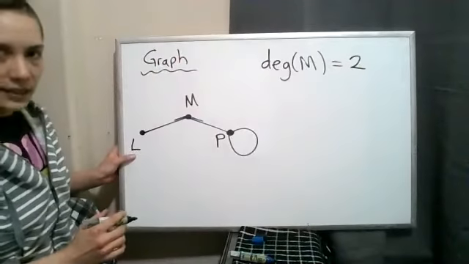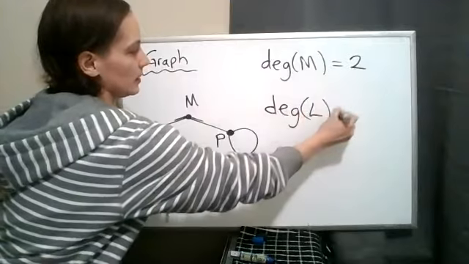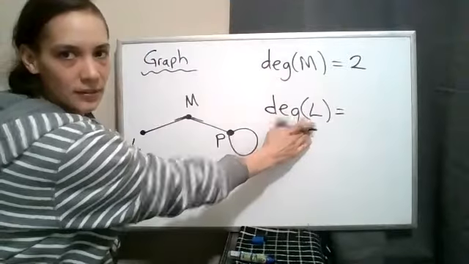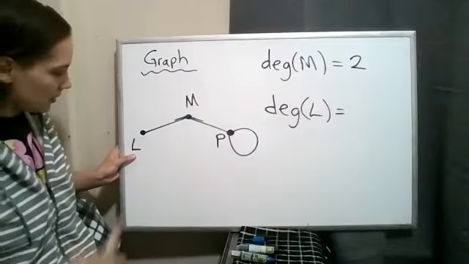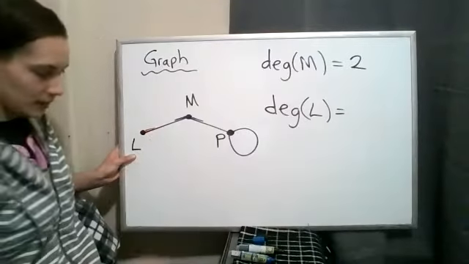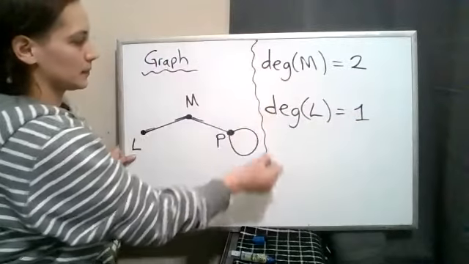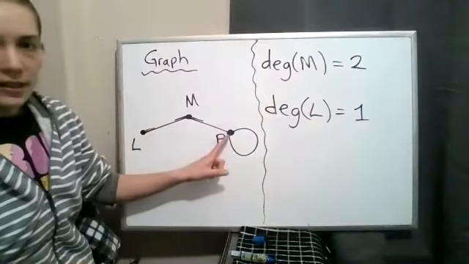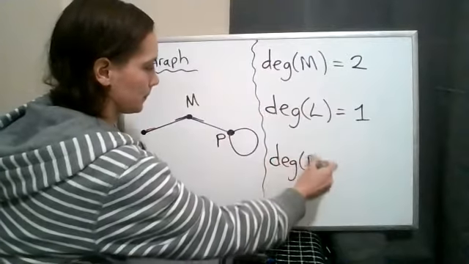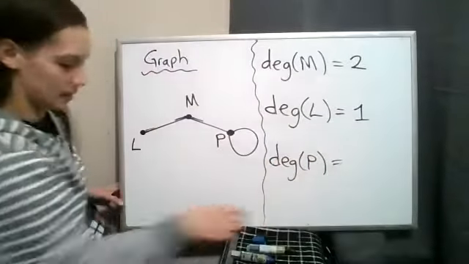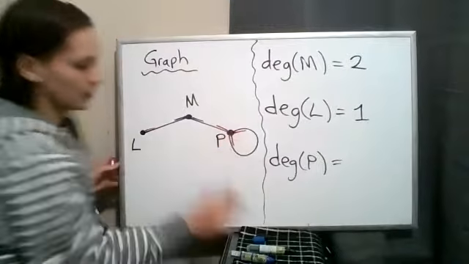The degree of L is written DEG parentheses L. Degree of L is 1. There's only one line connected right there. All right, over here, the degree of P is equal to, so with 1, 2, 3.